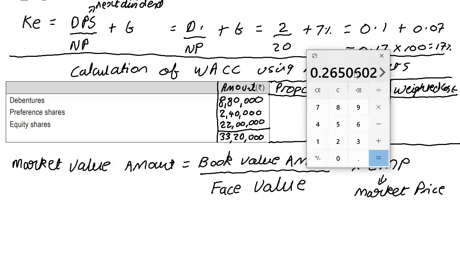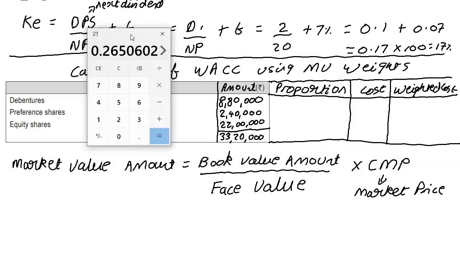Alright, so maybe up to 4 decimal places. So I'm going to round up the 5th number, which is 6. So I'm going to have 0.2651.